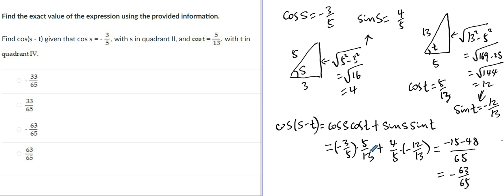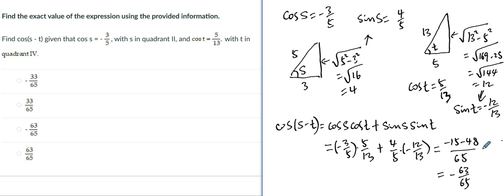We put it right here. Plus sine s, we found it 4 over 5. Sine t is negative 12 over 13. We put it right here. So negative 3 times 5 is negative 15. Negative 12 times 4 is negative 48.